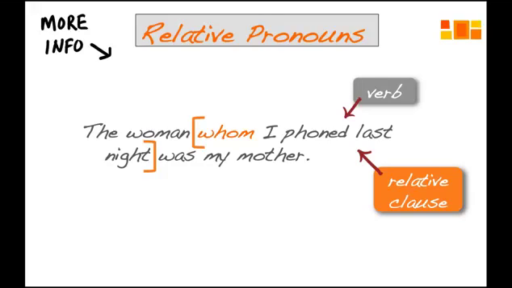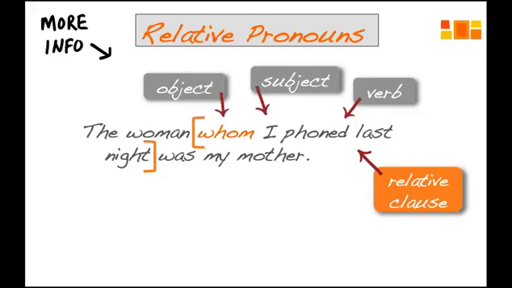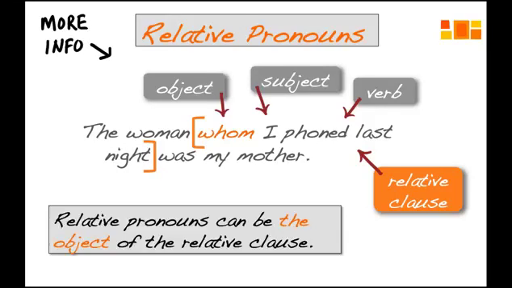Phoned is still my verb, obviously. But my subject is the I now, because it's subject, verb, I phoned, which makes whom the object of the relative clause. Whom I phoned, object, subject, verb. And here, my relative pronoun, my whom, is the object of the relative clause.